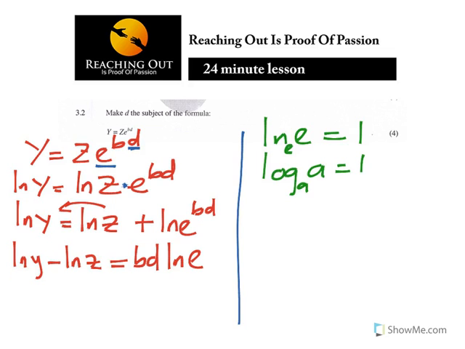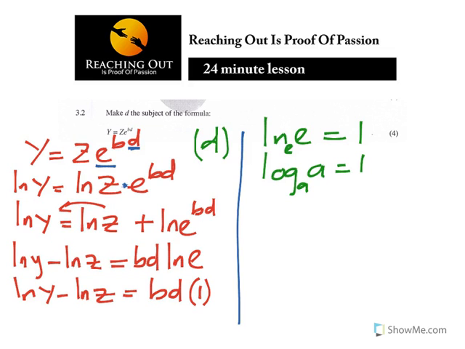So with that, you'll have now ln y minus ln z is equal to b d, and this becomes a 1. Now you are interested in making d the subject. Remember, d is the one that we are focusing on.